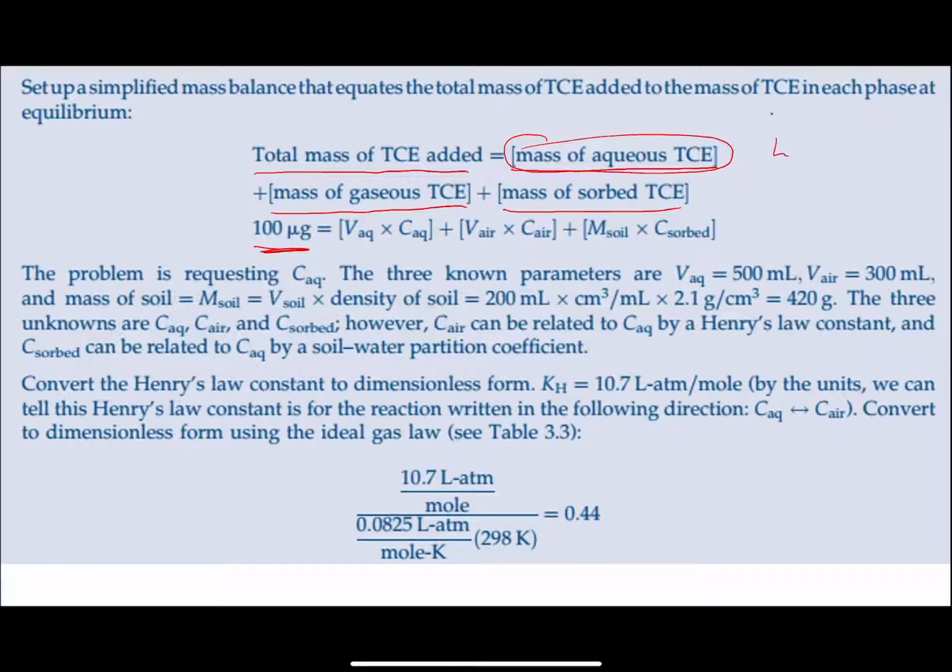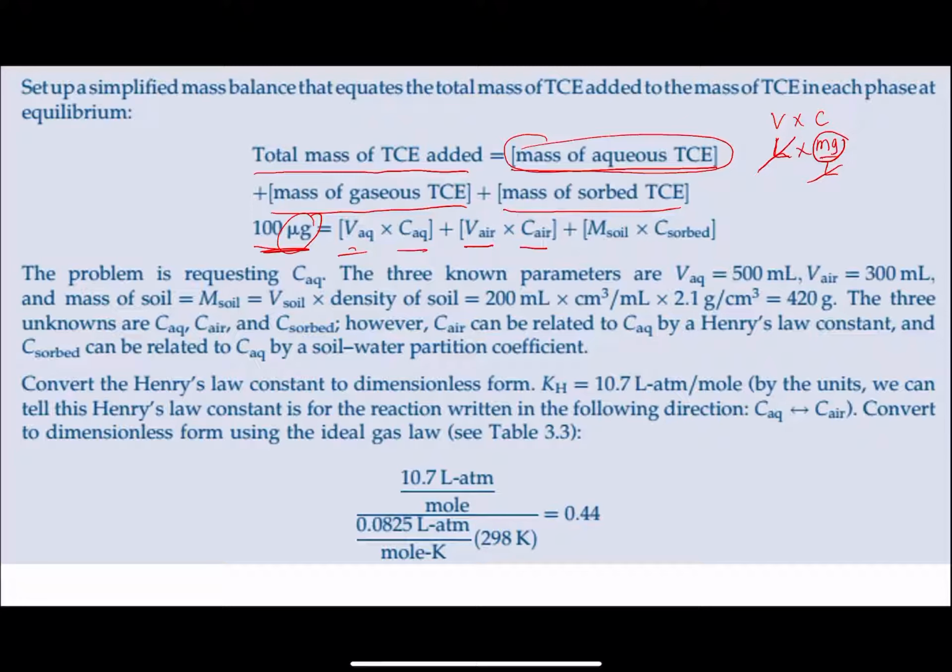So if you multiply volume times concentration, liter times milligram per liter, you will get mass, and that should be the same mass, microgram. Same thing we'll do for gas, volume of air times C air, the concentration of the chemical in the air.